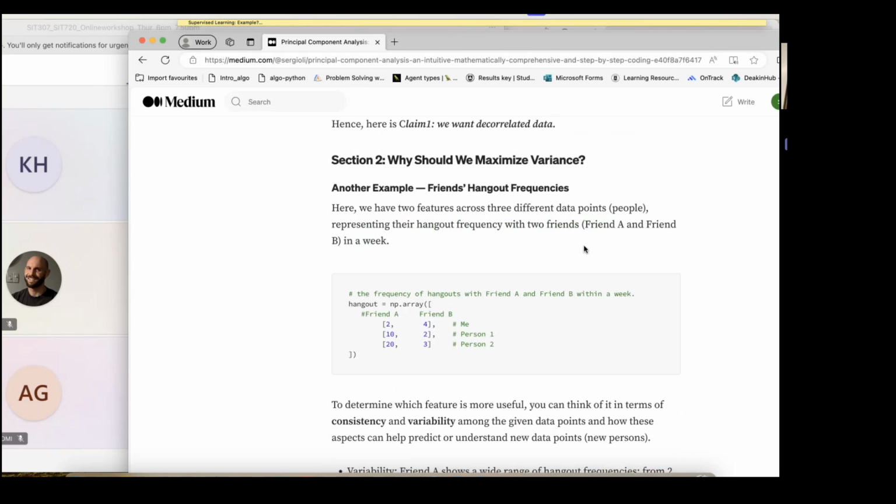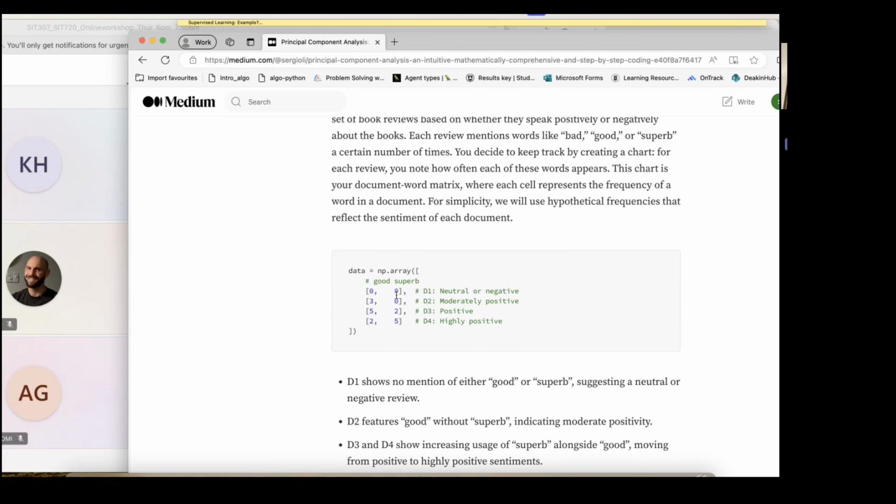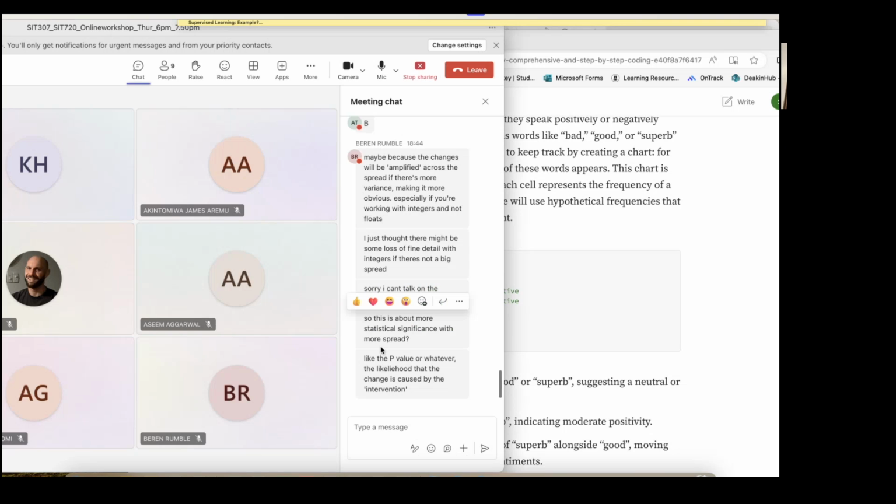Let's see this example: if I measure the variance, the super feature has a larger variance. Why not just choose this super feature and get rid of the good feature, so I reduce 2 dimensions into 1 dimension? In that case, we don't need PCA, right? We don't need to do something complicated.